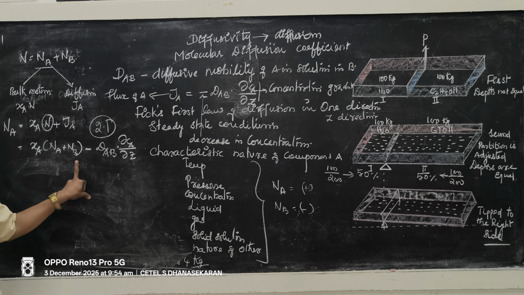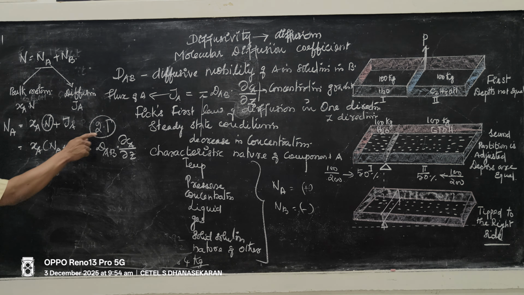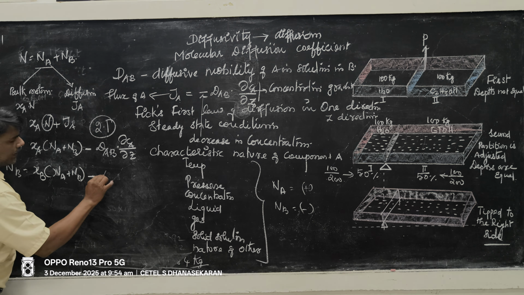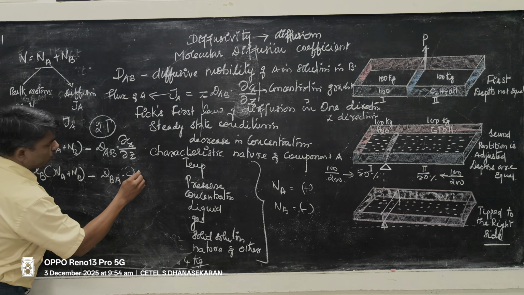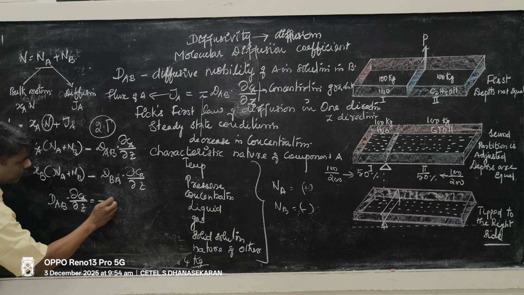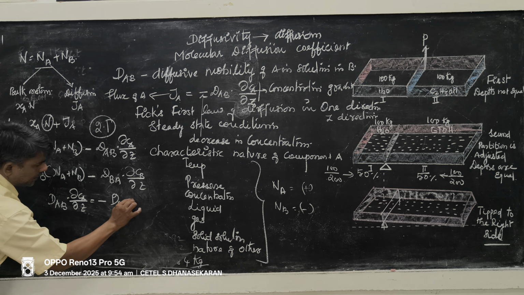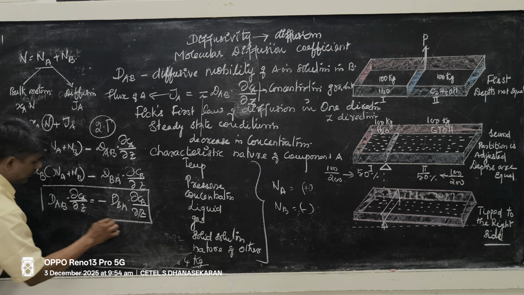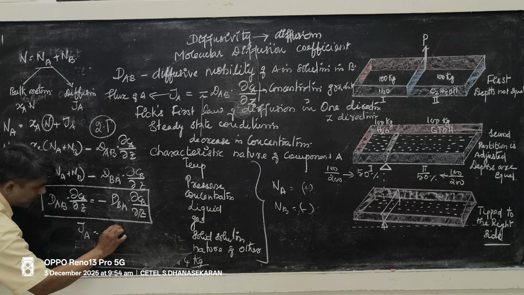Similarly, for component B, Nb equals XB into (Na plus Nb) minus DBA into dou CB divided by dou Z. On addition, for simplification, this equation becomes DAB into dou CA divided by dou Z is equal to minus DBA into dou CB divided by dou Z. It indicates that flux JA is equal to minus flux JB.